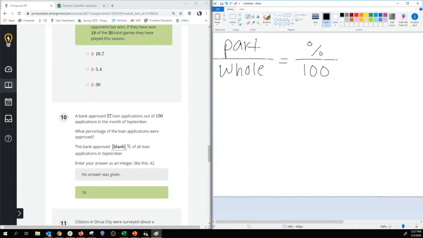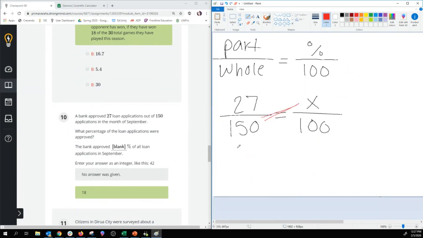So what is my first ratio here? This part over whole, what would be the ratio that I want to write with the numbers that I have on this problem from number 10, where it says that 27 loan applications were approved out of 150. Perfect. So 27 out of 150, because 150 is the total, so that goes on bottom. This 100 will always stay here, and I don't know what my percent is, so I'll put an x.